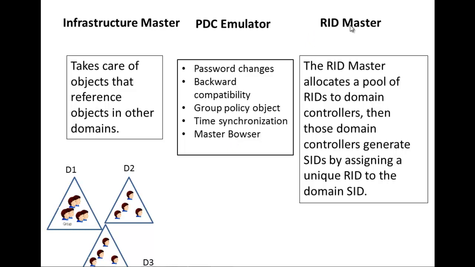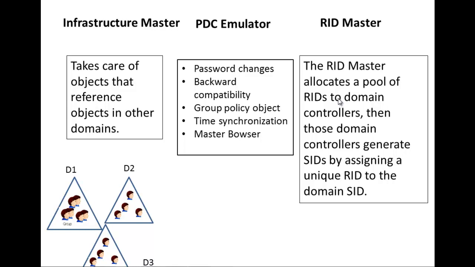The next master role is called the Relative ID Master. And this role is responsible for processing relative ID pools, where you actually have a pool of IDs. The pool of IDs is given to the domain controller.